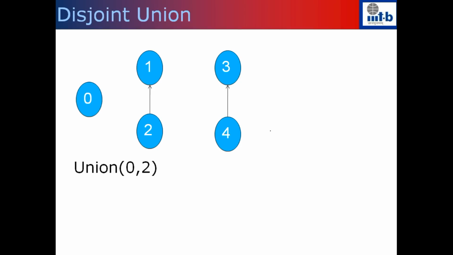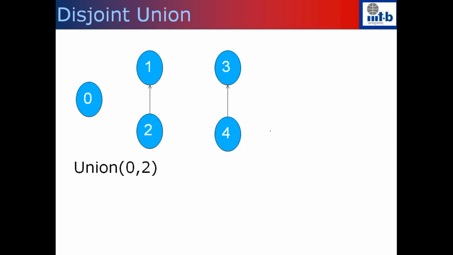The root of the subtree to which 4 belongs is 3. The root of the subtree to which 2 belongs is 1. If I give you two nodes which belong to the same subtree, they are in the same set. When you keep going up and report the root node, all the nodes in the same subtree will report the same root node. So 1 and 2 are in the same set, 3 and 4 are in the same set.